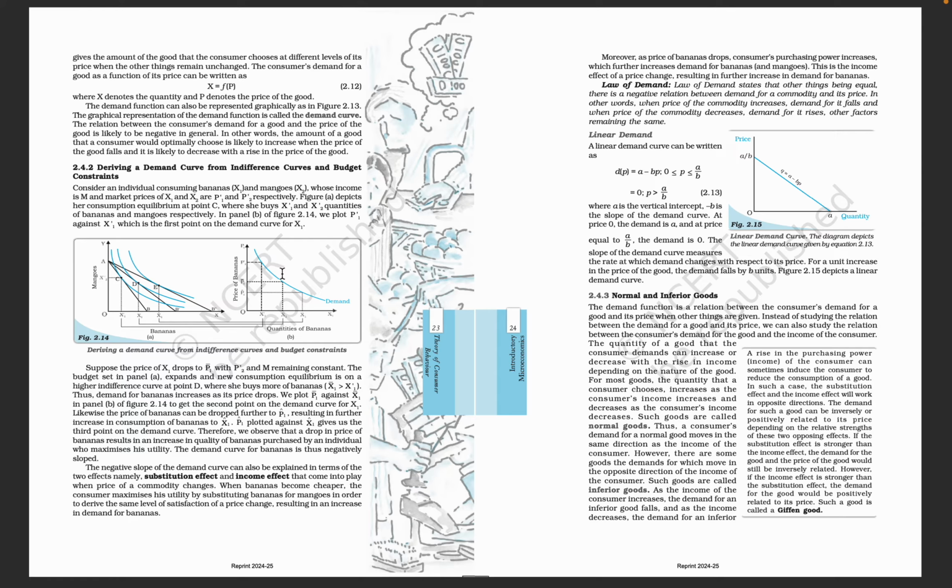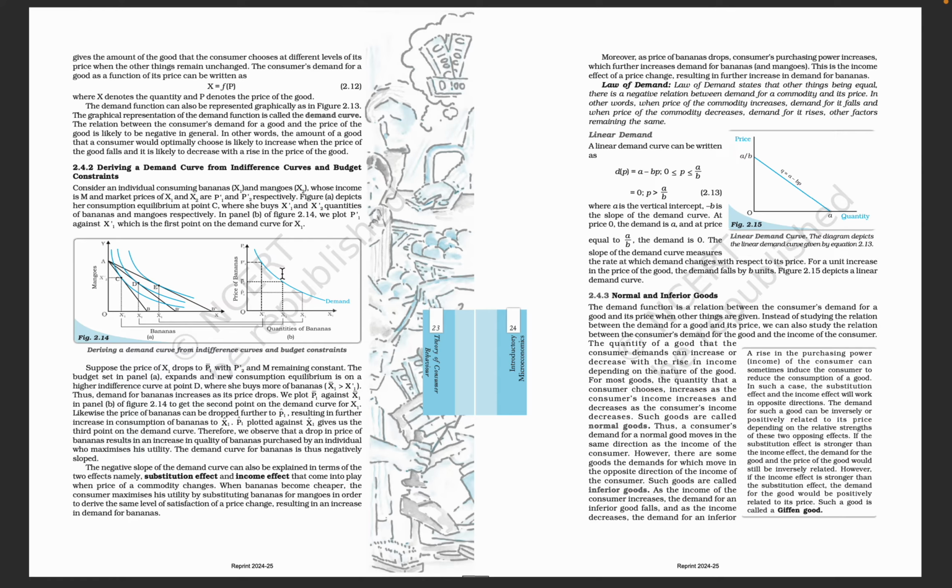Figure A depicts her consumption equilibrium at point C, where she buys x1 prime and x2 prime quantities of bananas and mangoes respectively. In panel B of figure 2.14, we plot p1 prime against x1 prime, which is the first point on the demand curve for x1. Suppose the price of x1 drops to p1 double prime with p2 and m remaining constant.